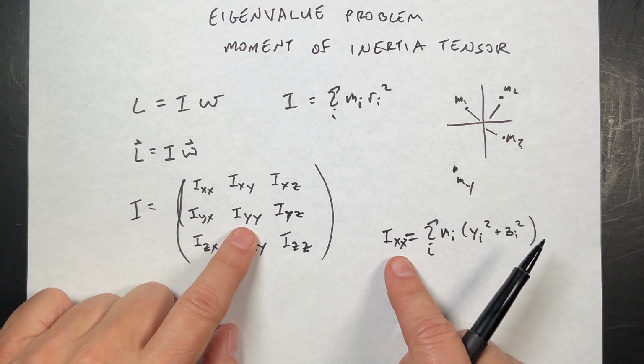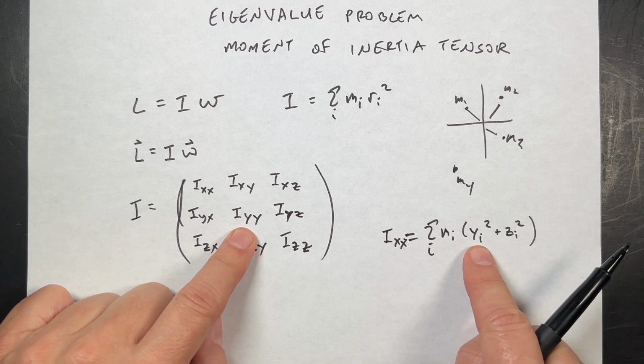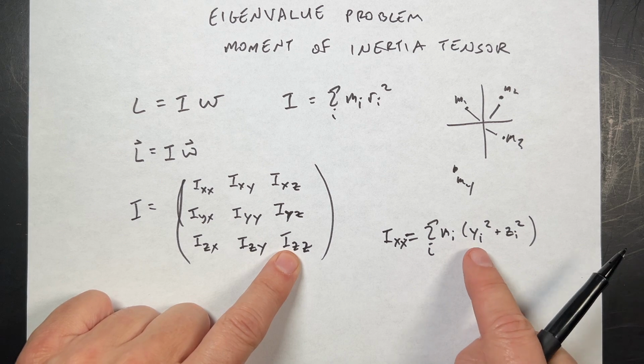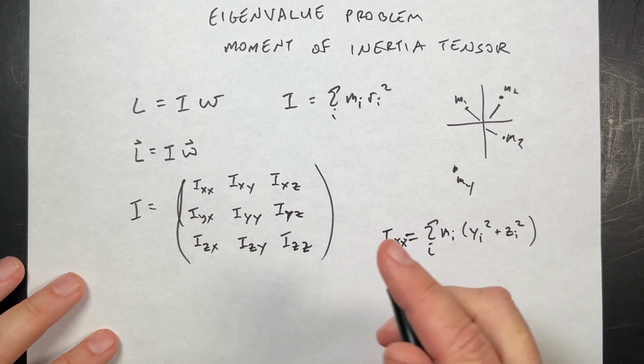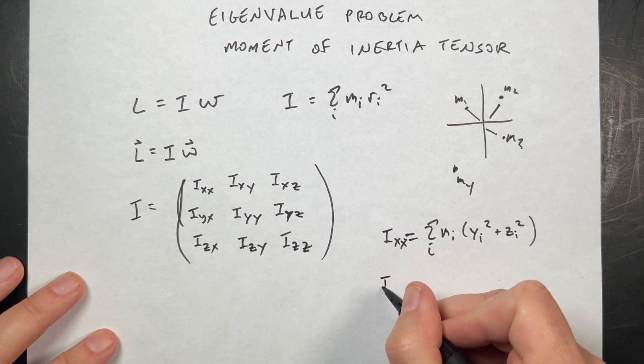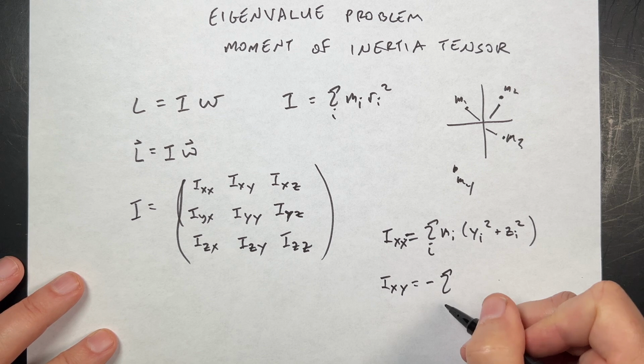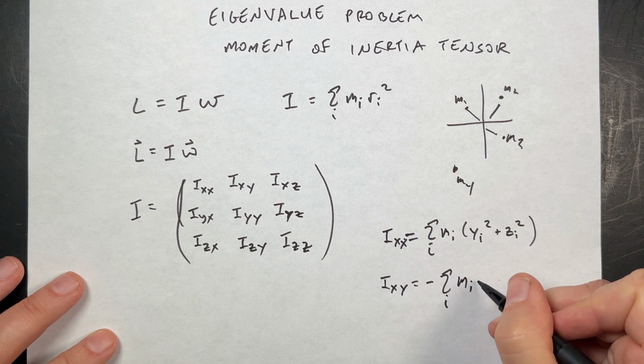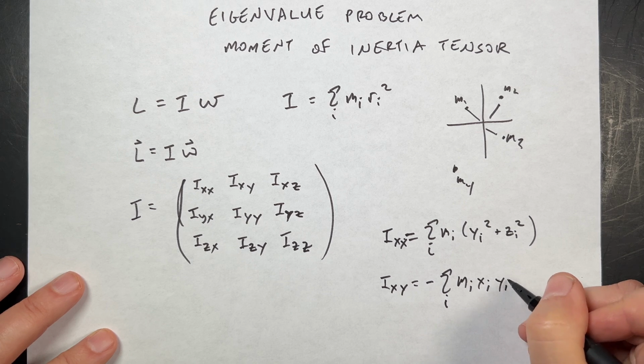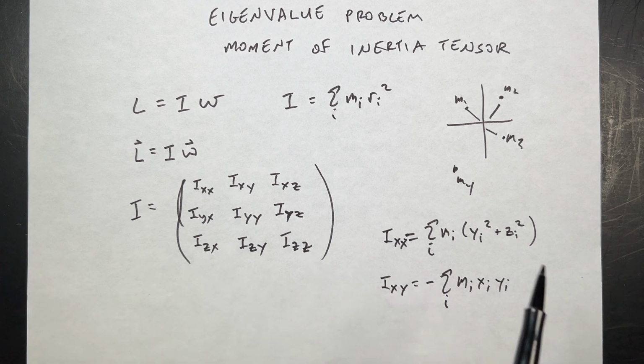And then if I want to do that for y, it'd be x squared plus z squared, and Izz is x squared plus y squared. Now the off-diagonal elements, Ixy, is negative the sum over i of m_i x_i y_i. And so you can do that for any of the components.